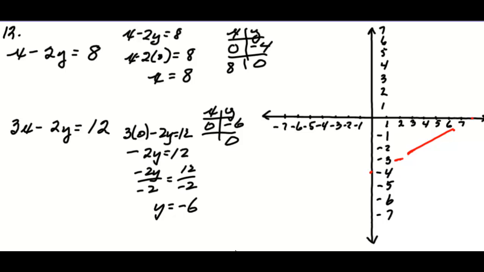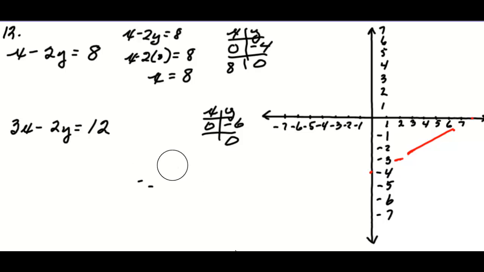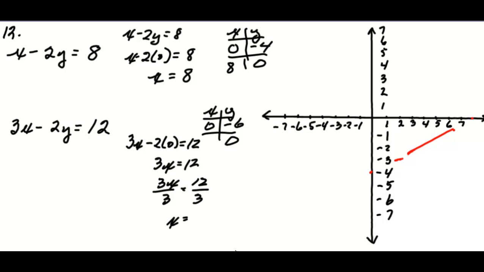In the second part, taking our original equation, only this time we're substituting 0 for y, we get 3x minus 2 times 0 equals 12. Therefore, 3x equals 12. 3x over 3 equals 12 over 3, and x equals 4.